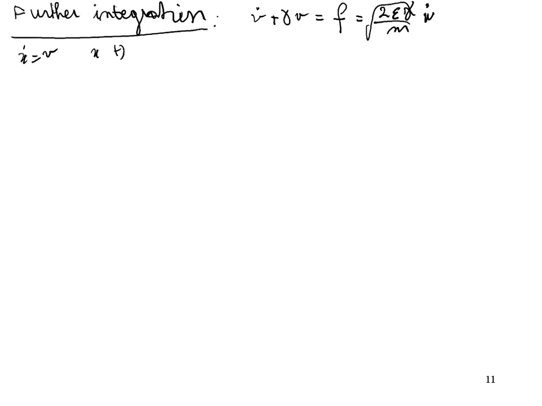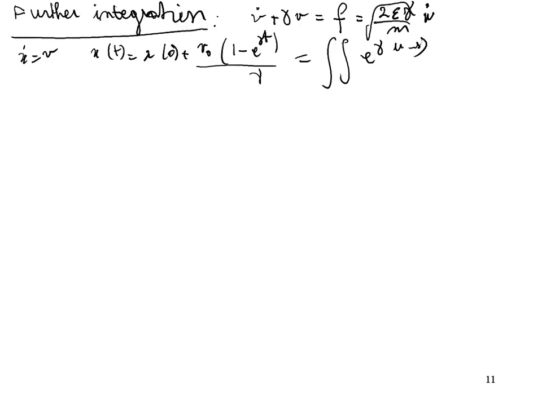So x of t equals x of 0 plus the velocity at time 0 times 1 minus exponential of minus gamma t divided by gamma, plus, now we have to integrate twice the equation. So this is the integration of exponential of gamma (u minus s) f of u du ds.